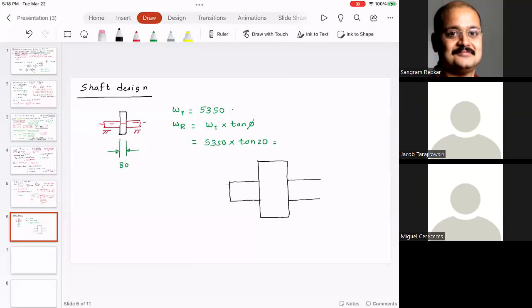So I'm going to give you a rough way of estimating the distances. Let's think about, this is 80 millimeter. Assuming from here to here, and this is just an assumption, it's the same as 80 millimeter, the same as face width.